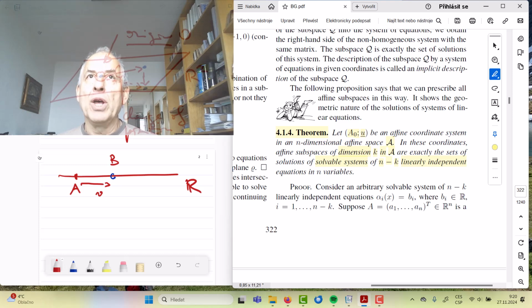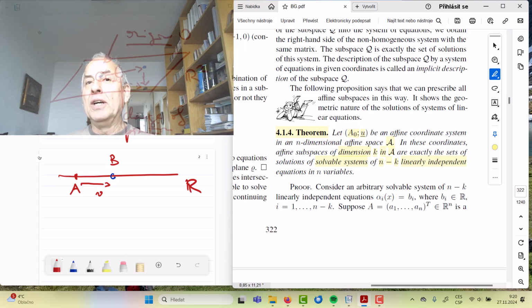If you have a set of, I don't know, 10,000 equations, but there are only 3 independent ones there, well, no, wrong. If you have 10,000 equations and there are only 9,993 independent ones, then the space of the solution will be a 7-dimensional affine space, independent of the fact that you have got so many coordinates, 10,000, right?